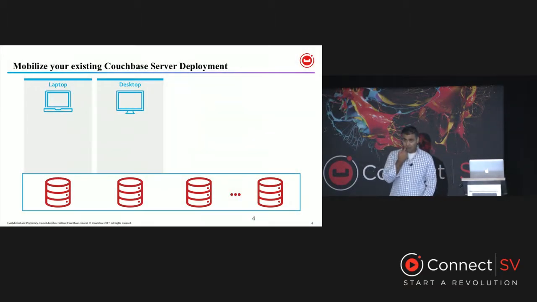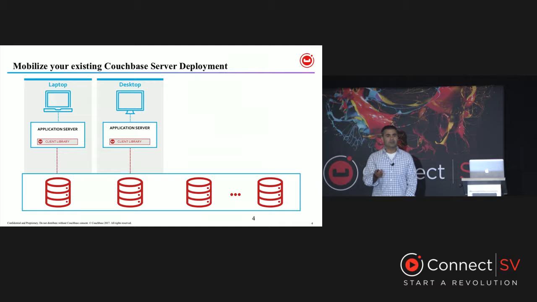Let me give you a flavor for how applications typically are. You have something deployed on a web property, consumed over a laptop or a desktop, and that is working with an application server. That application server has a Couchbase client library, one of our SDKs, could be C, Go, Java, .NET, which is essentially persisting data back into Couchbase Server.